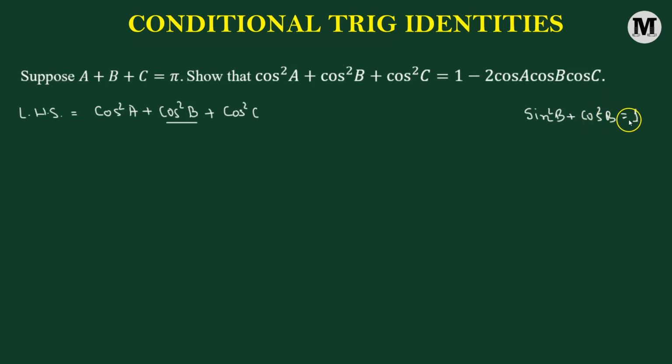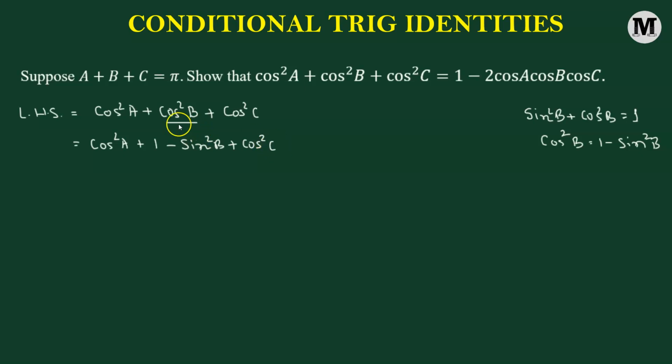This is a standard trig identity. So cosine squared B can be expressed in terms of the sine function as 1 minus sine squared B. So we will get cosine squared A added to 1 minus sine squared B plus cosine squared C.